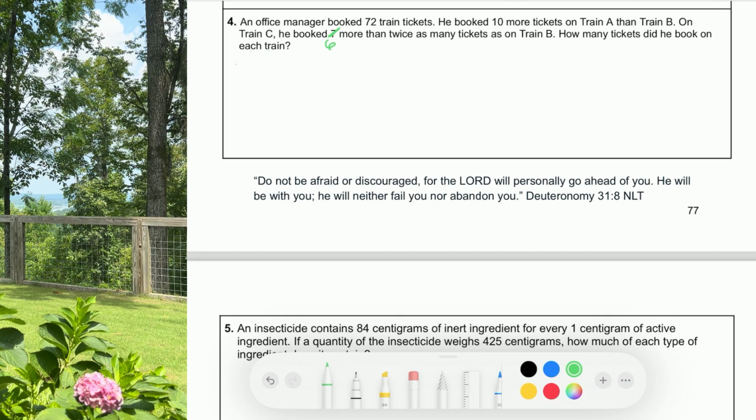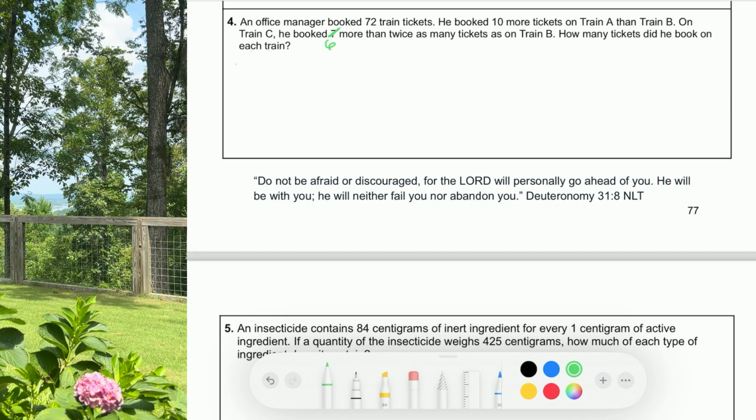All right, so now let's work on developing our pieces, our key that we're going to work from. An office manager booked 72 train tickets. He booked 10 more tickets on train A than train B. On train C, he booked 6 more than twice as many tickets as on train B. How many tickets did he book on each train?